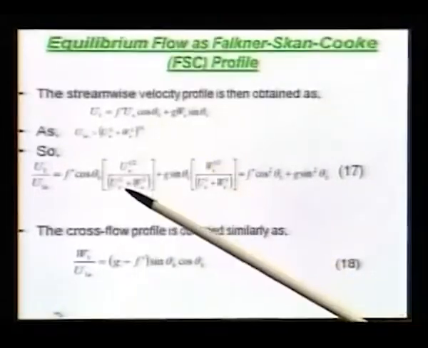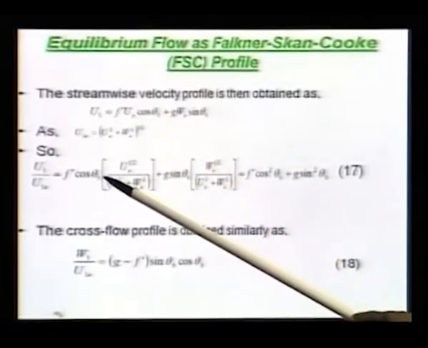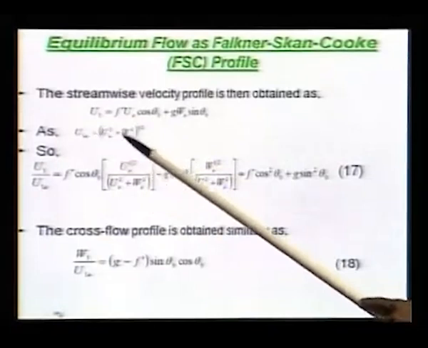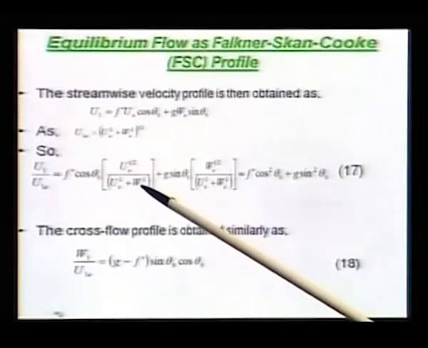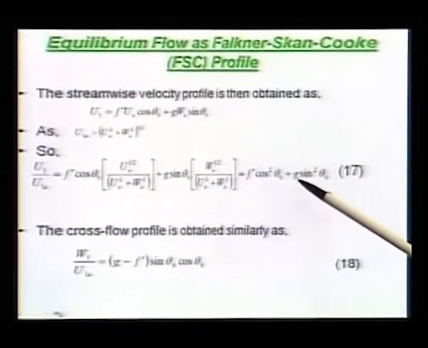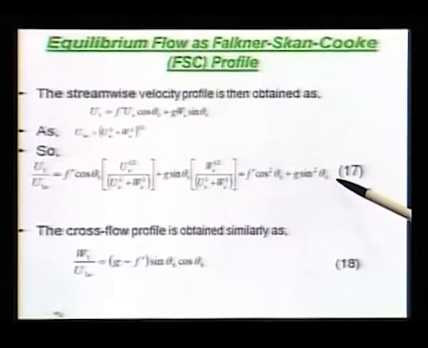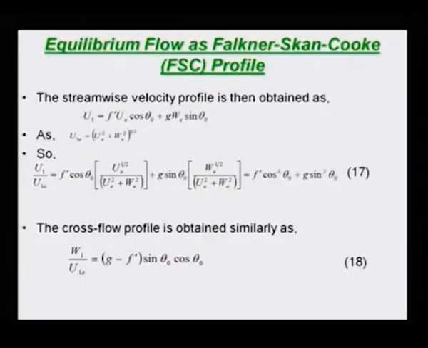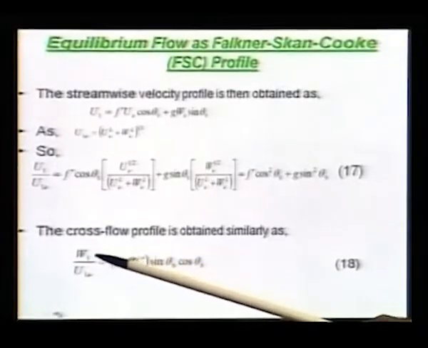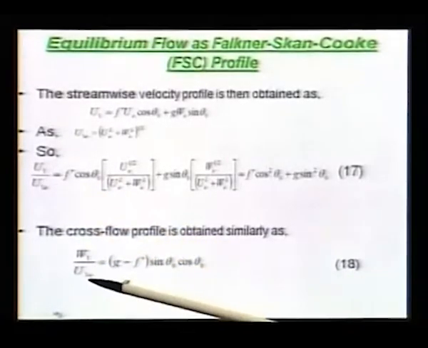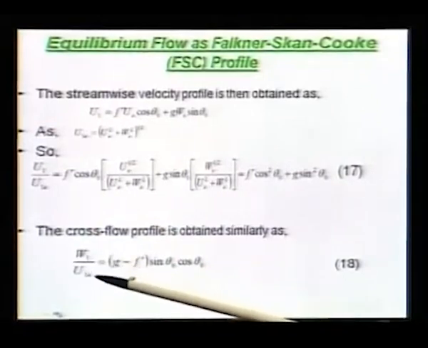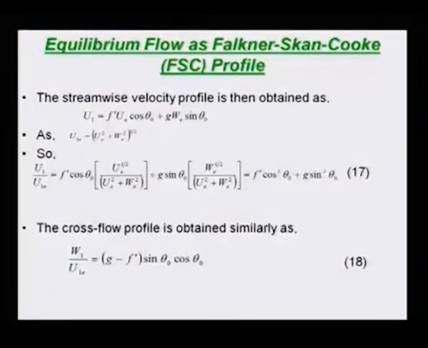So let us substitute all of that here: f prime cos theta naught U1e, and this will give me this component, f prime cos square theta naught plus g sin square theta naught. In the same way, you have the other expression for the w1 component. If I non-dimensionalize with respect to u1e, then I get this.